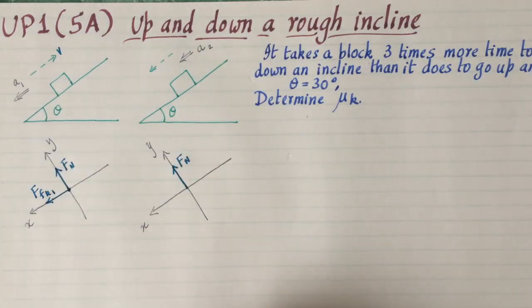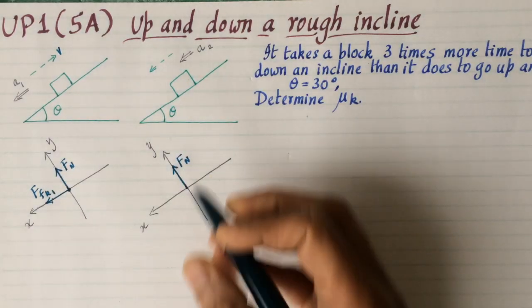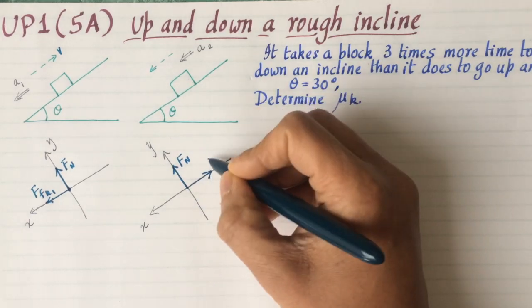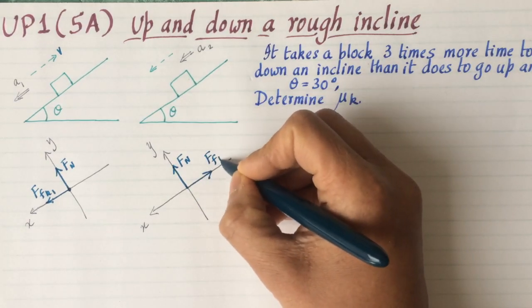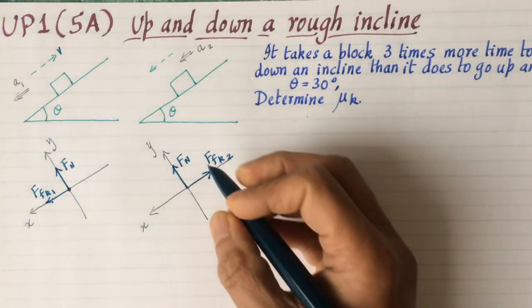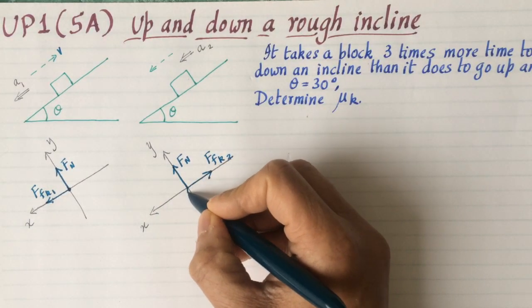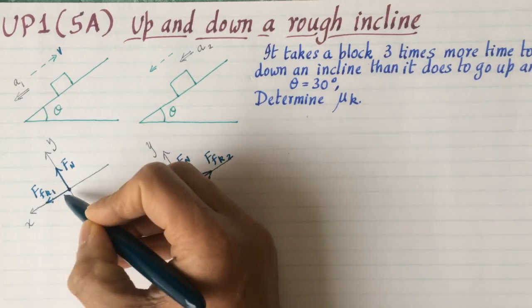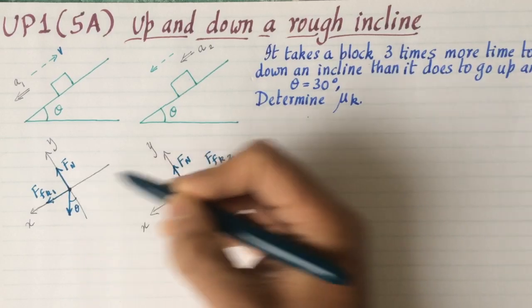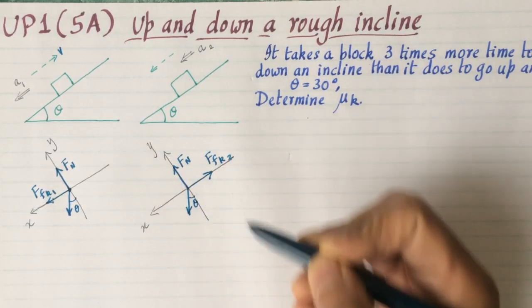I'll call this FFK1, and in this case the force of friction is going to be in this direction, FFK2. And then you have the weight of the object, which always acts vertically downwards with this angle theta here with the vertical.